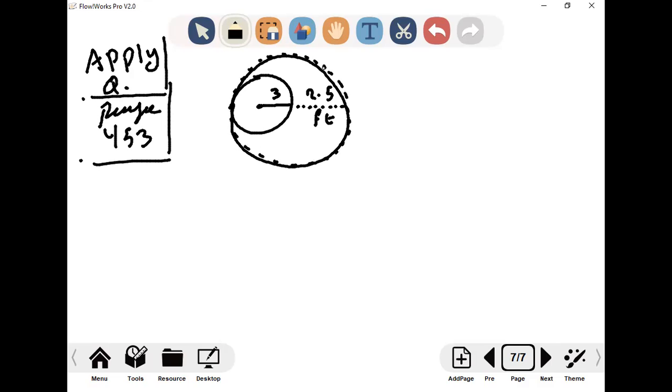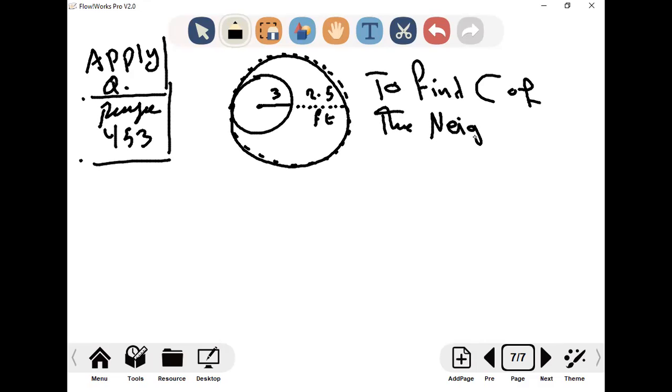And this is what? The circumference, right? So I need to find the circumference of the neighbor's garden.